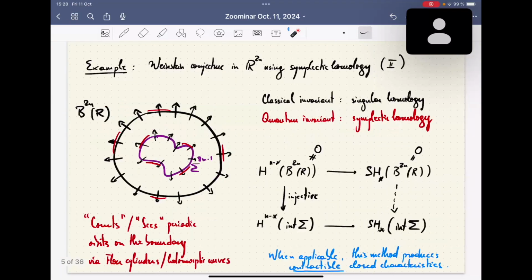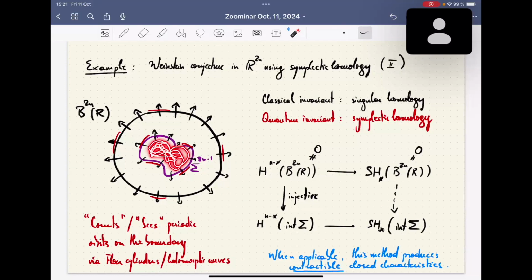From the perspective of symplectic homology, the proof that I will present is one I learned from Viterbo's GAFA '99 paper, and proceeds from comparing the classical invariant given by singular homology with the quantum invariant that's symplectic homology. So what's symplectic homology? Say I have a domain here that's enclosed by the hypersurface sigma.